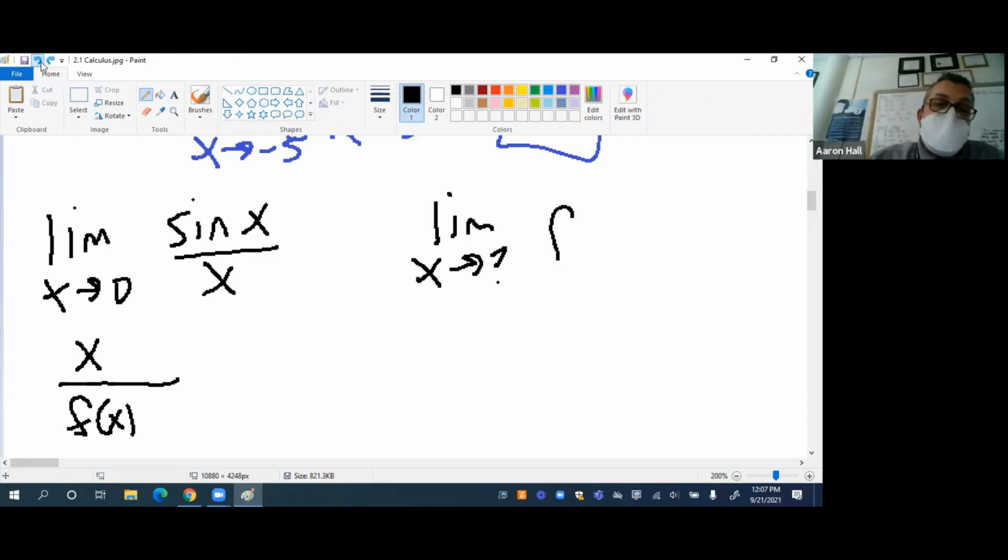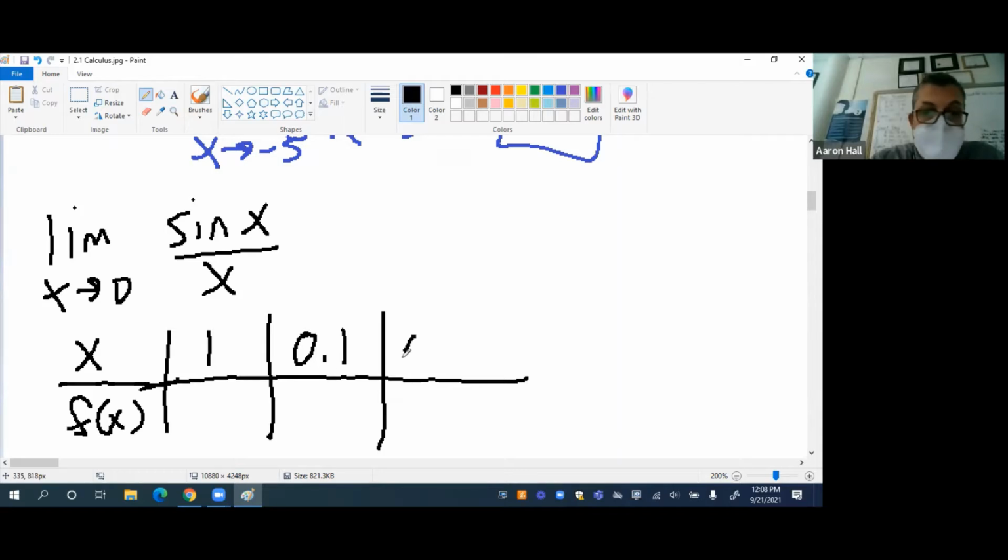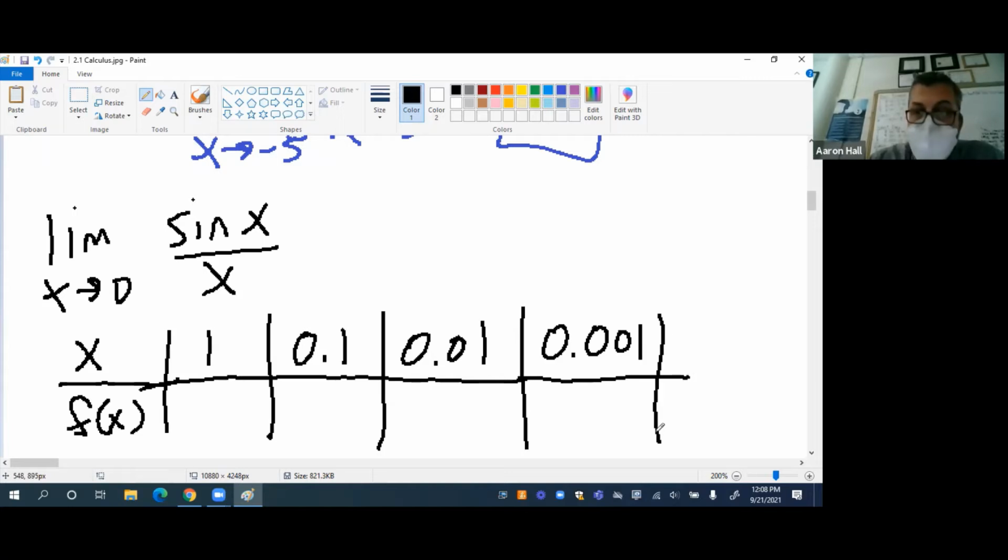So here's my x value and my f of x value. And we're going to look at what happens when we get closer and closer to x equals 0. So here's 1, how about 0.1, how about 0.01, 0.001, 0.0001.